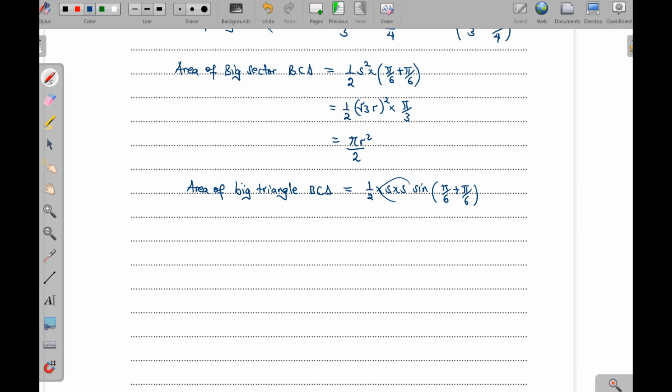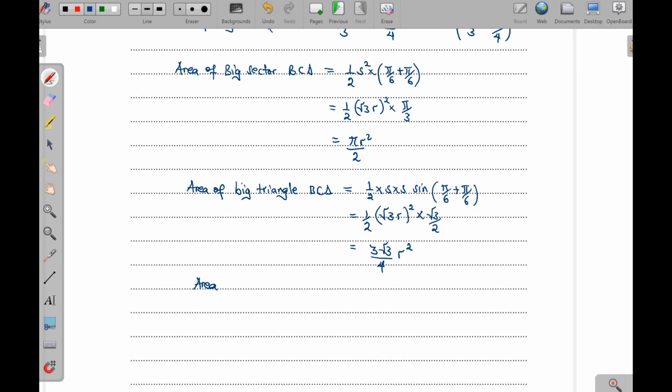Now this is S squared, so it is also a half, then root 3 r, then squared, and then sine of 60 is root 3 over 2. When I square this one here, it will be a 3, so we have 3 here, then root 3, then out of the 2 times the 2, that will be a 4, then r squared.